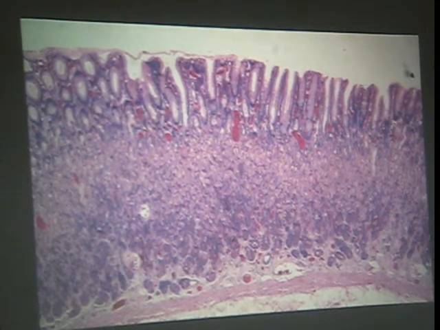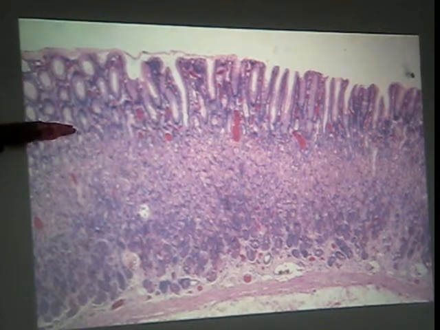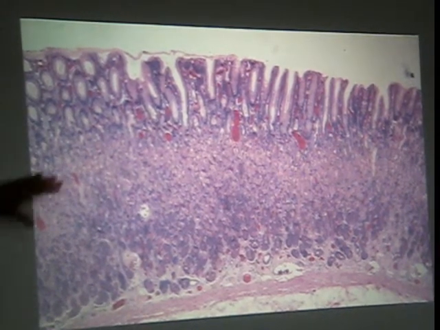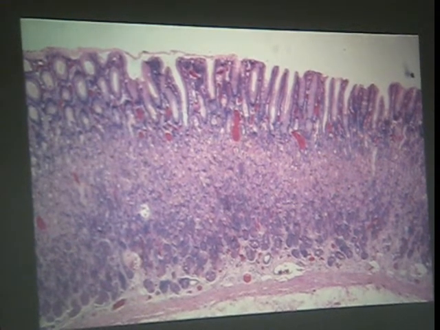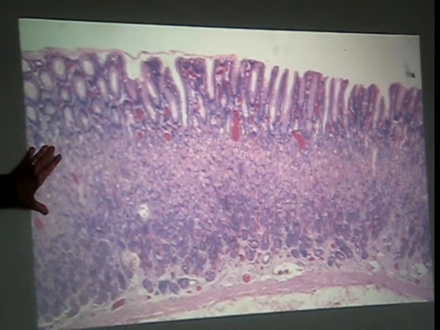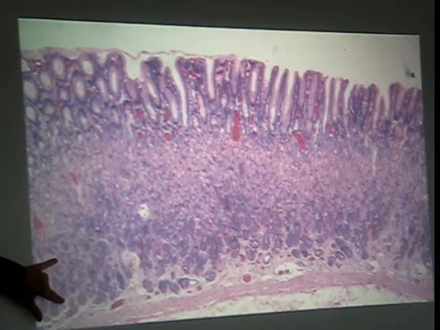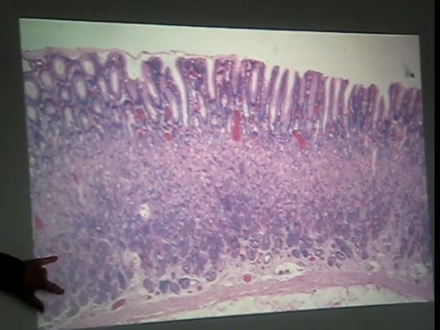At low power, you look at this and you see that there are three regions. So this tricoloration, it's based for the most part on staining characteristics, which tells you what's there. The parietal cells crank out a lot of acid, right? So they're going to be eosinophilic. Down here, a lot of rough ER, protein for export, the pepsinogen, chief or zymogenic cells.